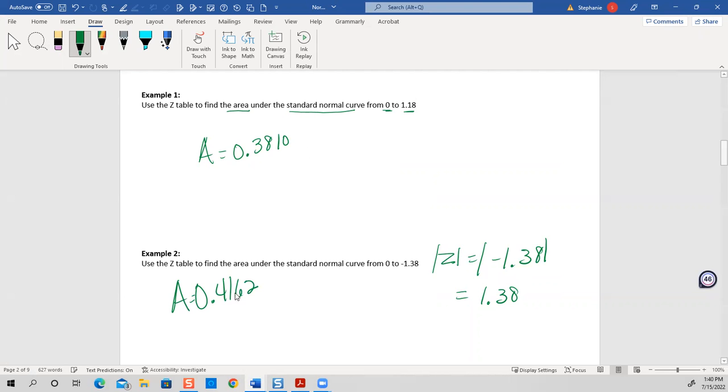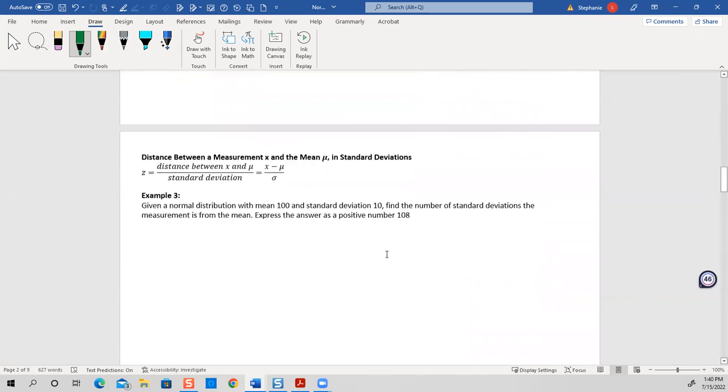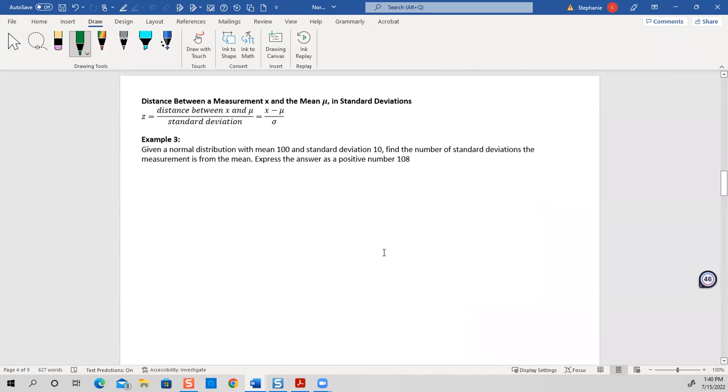Okay, so now let's do our next one. For our next example, we're going to use this formula that's given to you above. It's called the distance between a measurement x and the mean mu in standard deviations. So example 3 says, given a normal distribution mean of 100, a standard deviation of 10, find the number of standard deviations the measurement is from the mean.